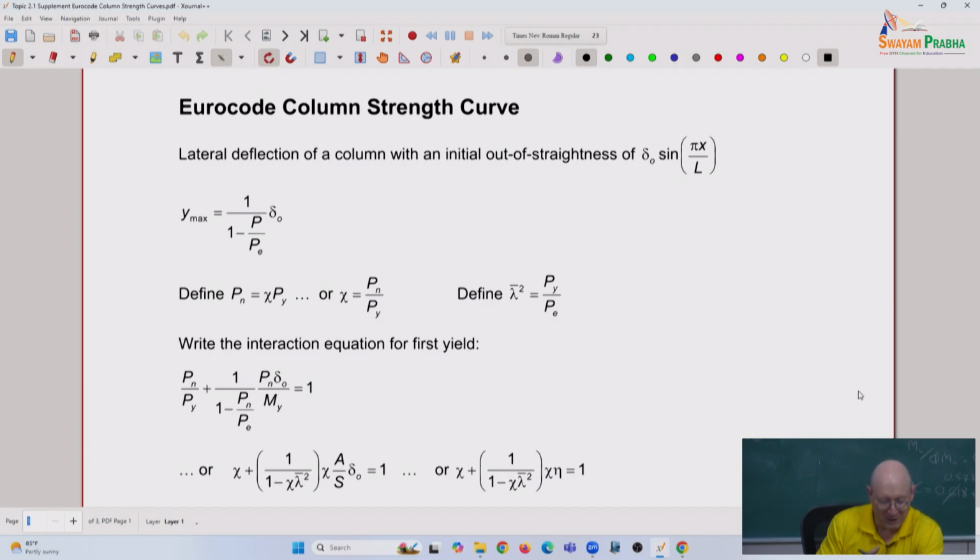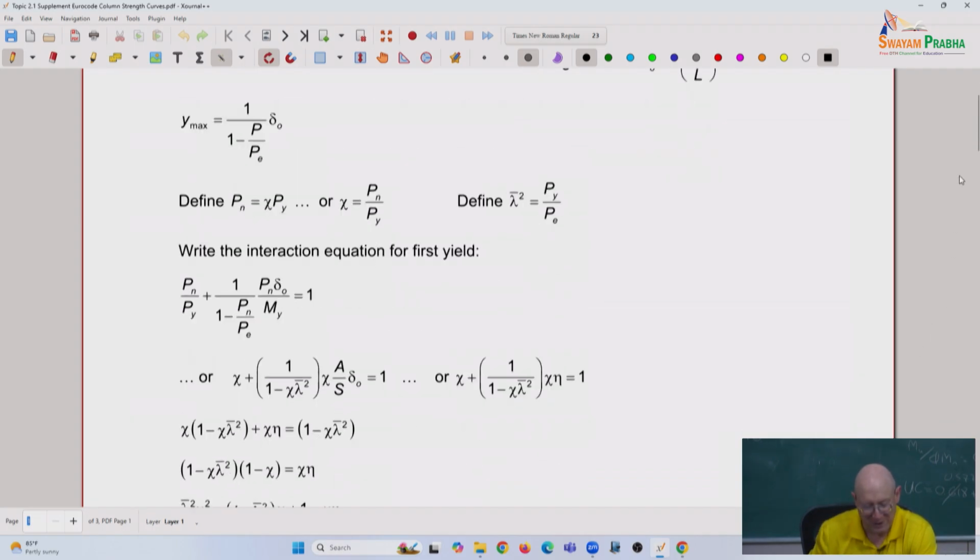So we're basically saying the ratio of applied load to yield load plus the applied stress due to bending to yield stress becomes equal to one. That's what that interaction equation is. Let me know if you have any questions about that. I think I stated that a bit awkwardly, but we're just writing an interaction equation for the axial force and moment at first yield at the extreme fiber of the section.